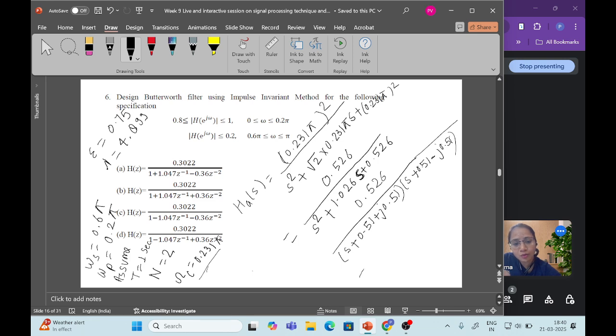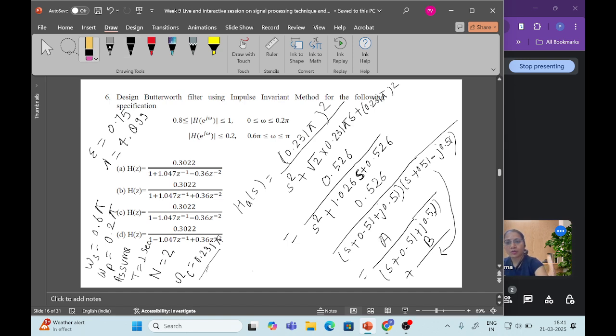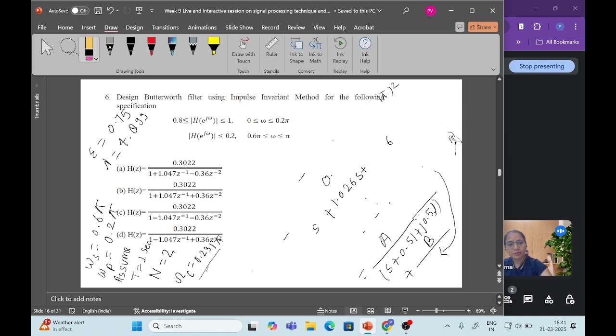Now we can write it in that form: A divided by s plus 0.51 plus j 0.51, plus B divided by the other pole.